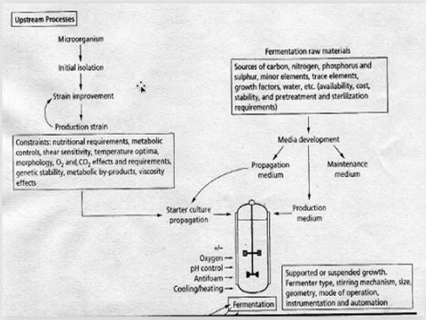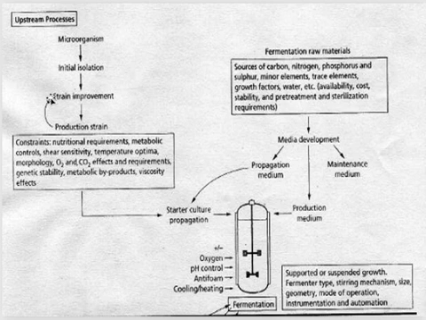Sometimes, after improvement, you try the fermentation at small scale in a laboratory scale fermenter and see that the yield is not that good. You expected more. In that case you can again do some strain improvement, and after doing it, finally you get your strain which will be used for the fermentation.